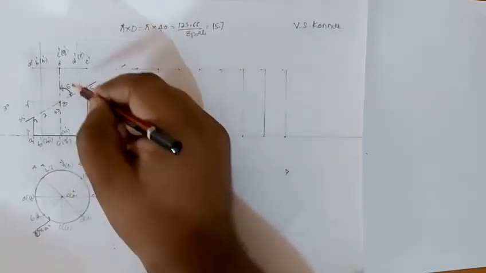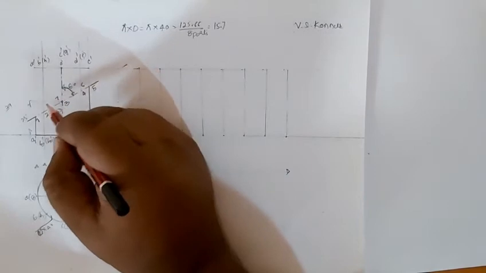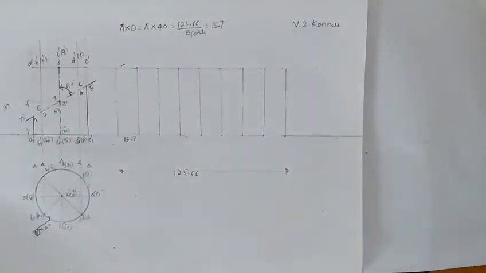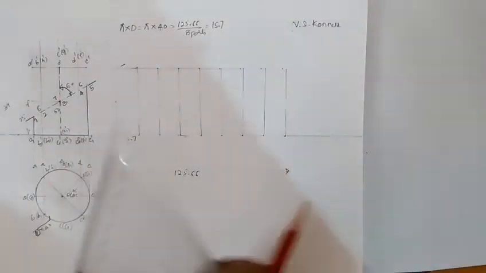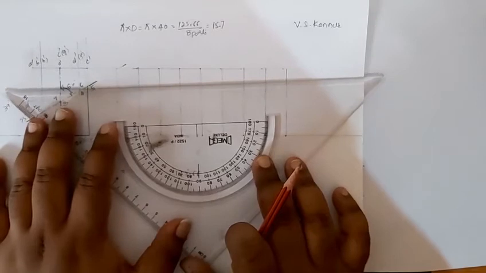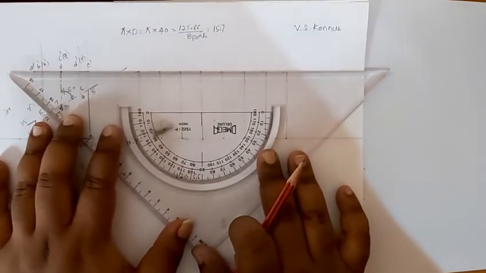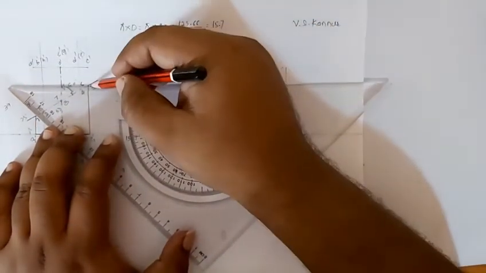On the other side I am writing F F1, G G1 is 7, H H1 is 8. Total 8 numbers will be there. Now I will draw horizontal lines from each of the points, parallel to this. We'll draw horizontal lines.